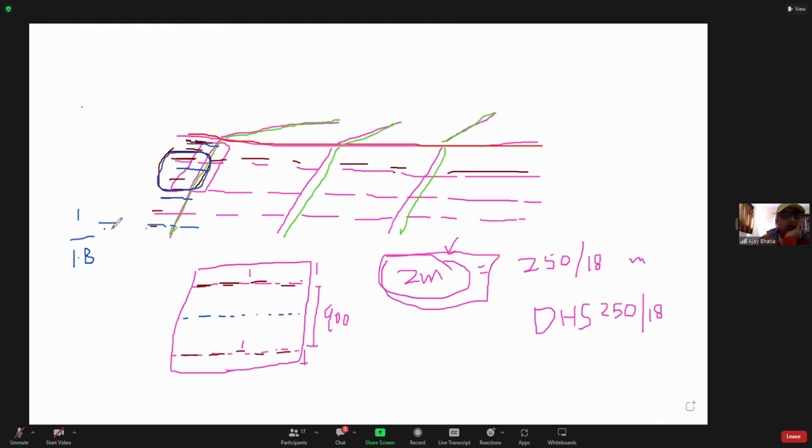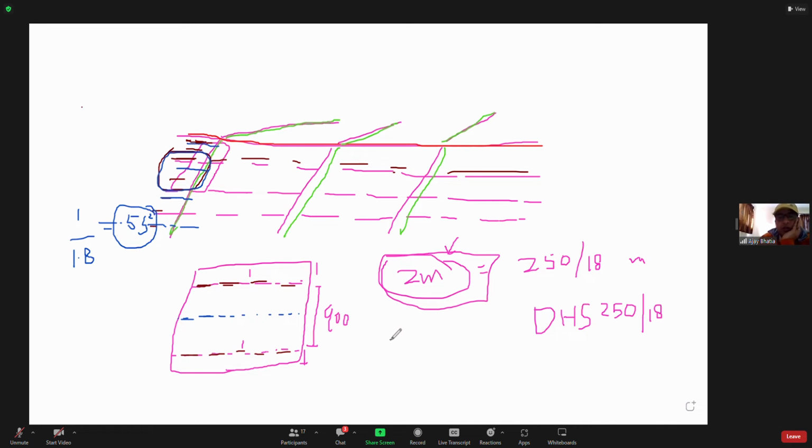So very close to... 1 divided by 1.8 is 0.55. So in 1 square meter, the possibility of having a purlin is 0.55 of a length.